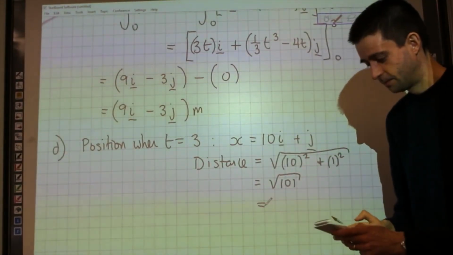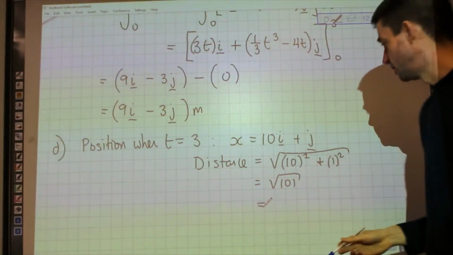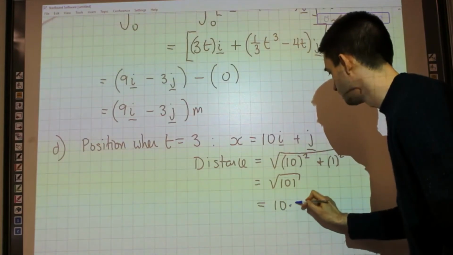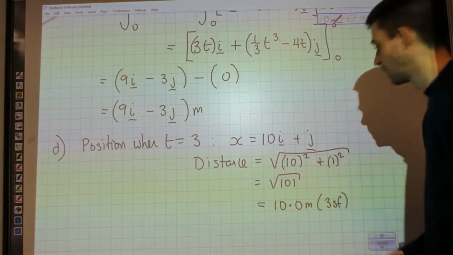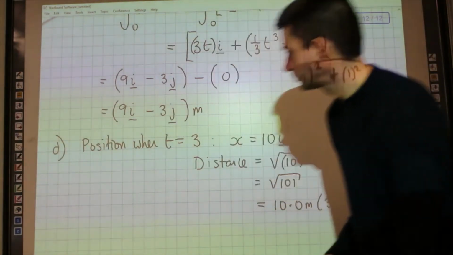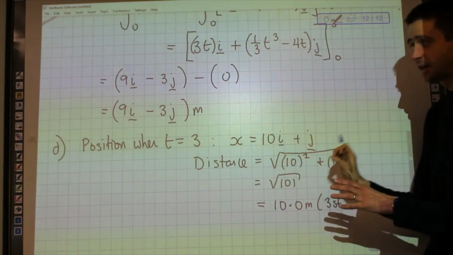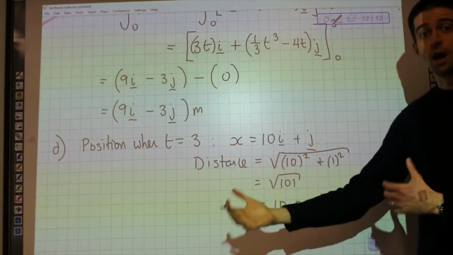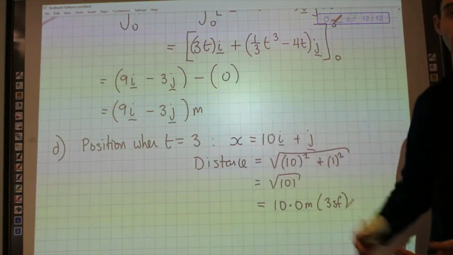Let's be honest. 10.04, so it's 10.0 metres to 3 significant figures. So we needed its position because its position vector will always be relative to the origin O, 0, 0, not its displacement. That was something different that we worked out in part C.